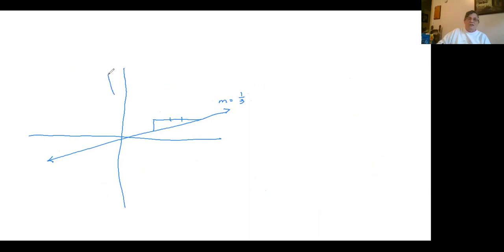So it would be about like this. So the slope of this line would be approximately, rise would be 3, run would be a -1, which is a -3. And you can see that these do look pretty close to being right angles.